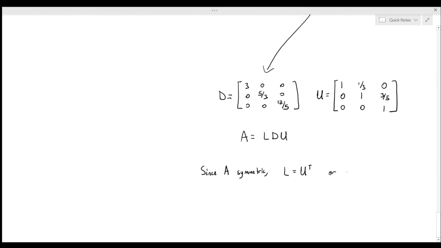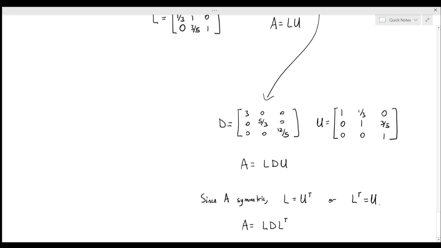So L is U transpose, or maybe I'll write it as L transpose is U. So since U is L transpose, our LDU decomposition actually becomes an LDL transpose decomposition. I don't know if you guys remember way back early in the semester how you had problems where you were given a symmetric matrix and asked to find the LDL transpose decomposition. That amounted to just finding an LDU decomposition, and then the U turns out to be the transpose of the L, okay?